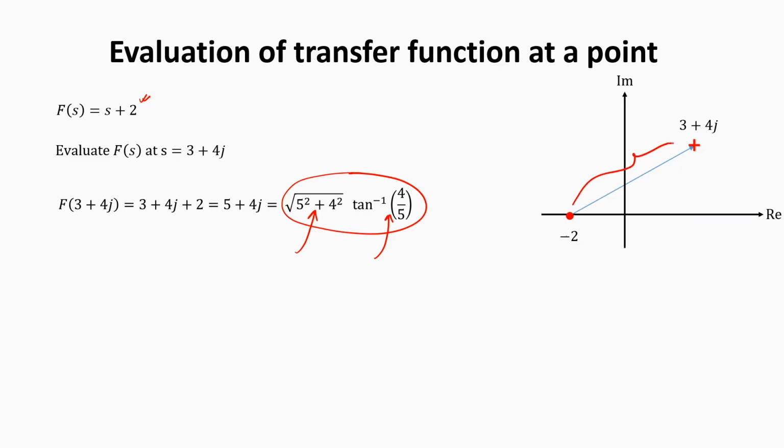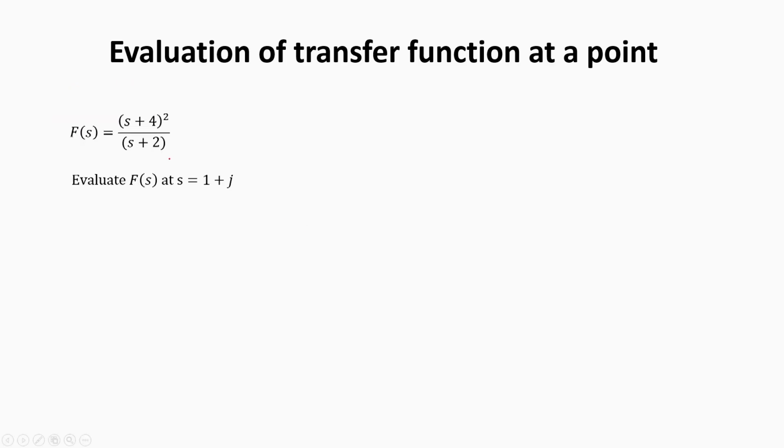The magnitude of this vector will be root over 5 square plus 4 square, and the angle will be tan inverse of 4 by 5. Notice that this is 5 and this is 4. So, diagrammatically also we can directly find the evaluation of this polynomial at the point 3 plus 4j.